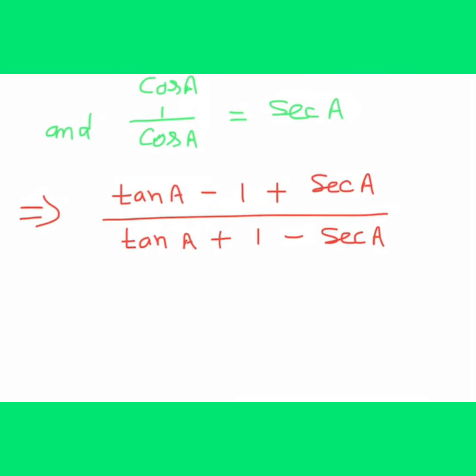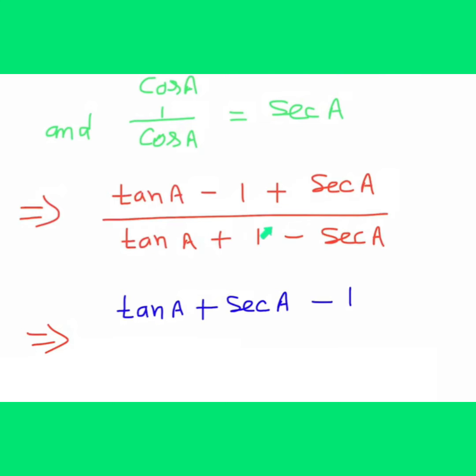Now what to do after this step? Dear, this is so easy. We will write this step just like that: tan A plus sec A. We will arrange the terms. One we will write at the last. This is minus 1, so minus 1 you will write here.